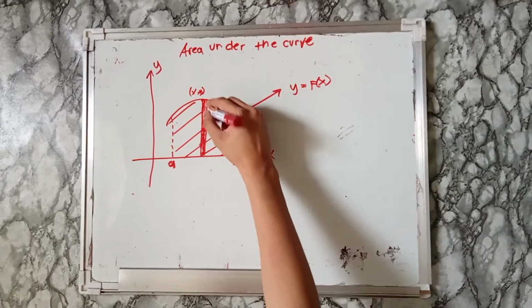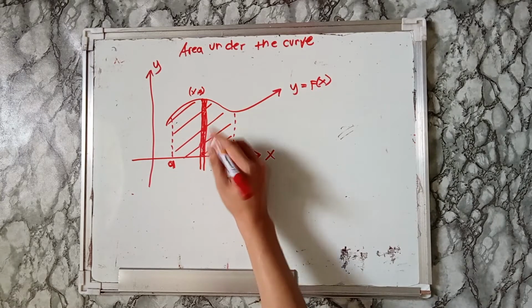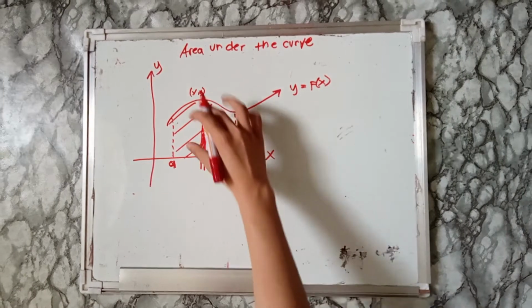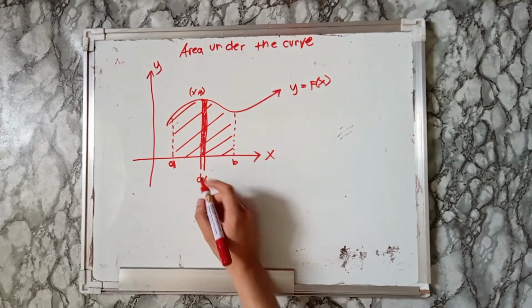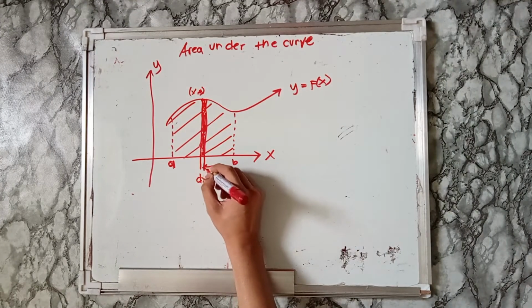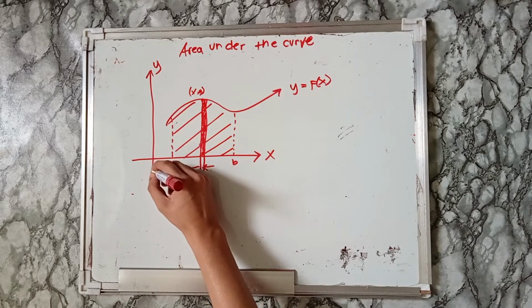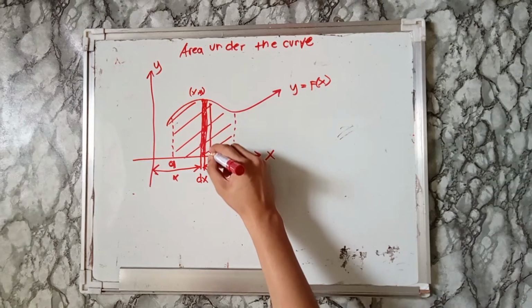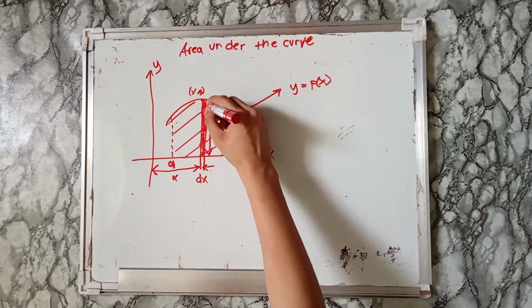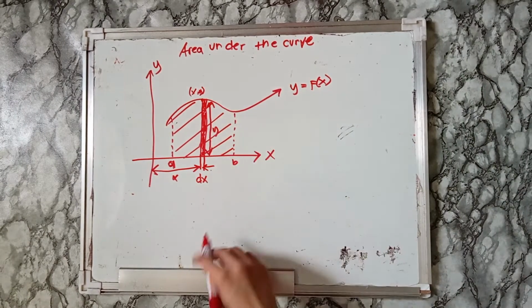The width of the vertical strip, let's label this as dx. This is dx, and this is our x. And the height of the vertical strip is our y.